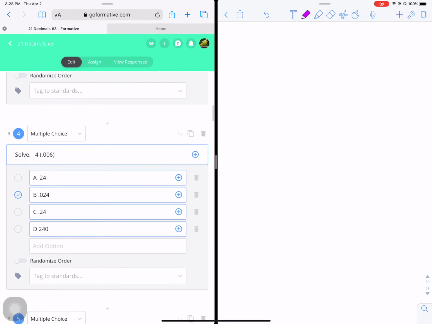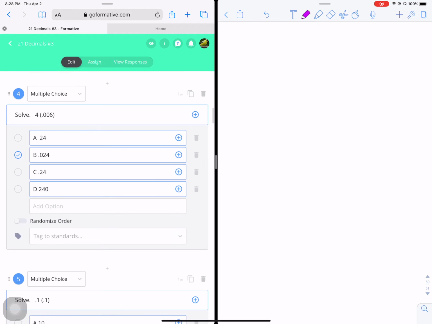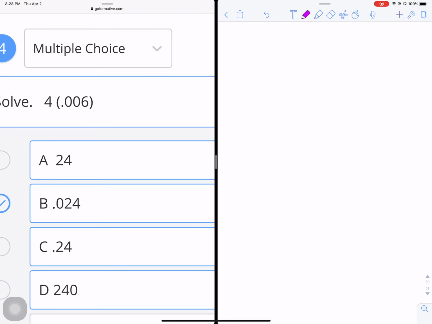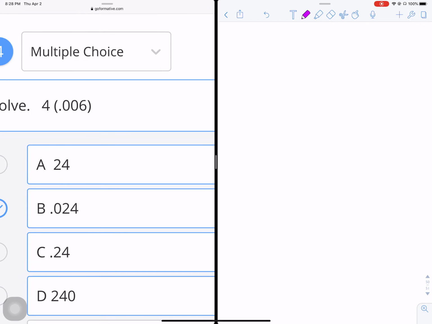Maybe you guys can try that one on your own, and maybe I'll do this one with you. So really, see how it says 4 times 0.006, right? And then you're solving that, or even that looks kind of weird.